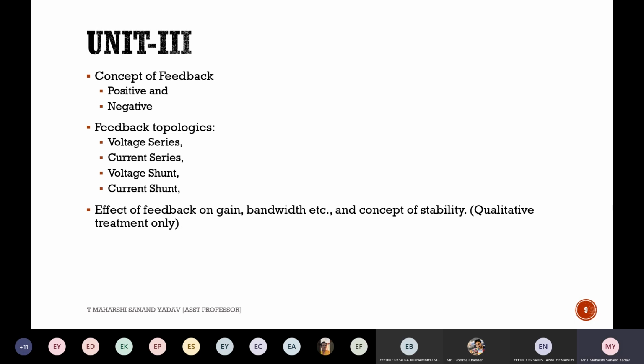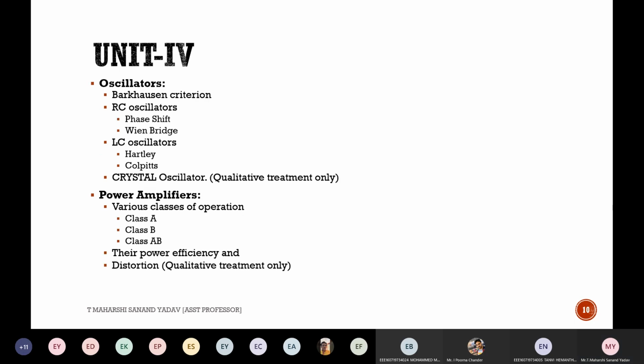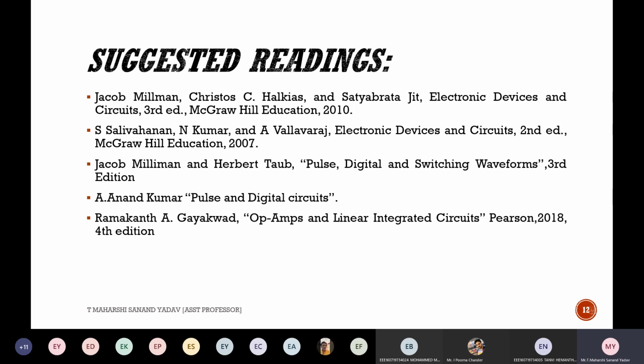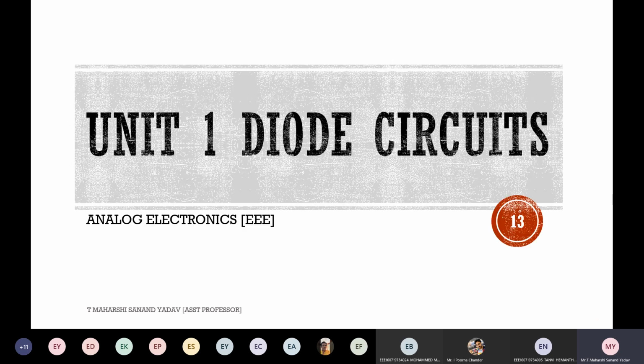V is equal to KT by Q into... anyone? What is the formula for barrier voltage, or barrier potential VB?